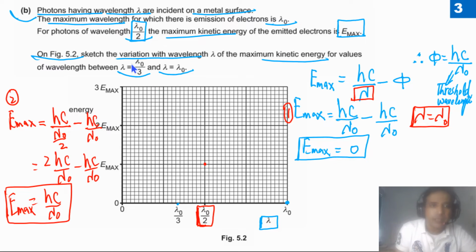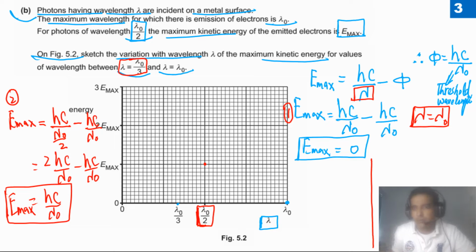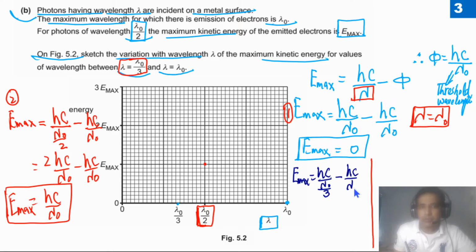Now we need to understand when lambda is equal to lambda naught by 3. Again we replace lambda with lambda naught by 3. So E max is equal to hc over lambda naught by 3, minus hc over lambda naught.